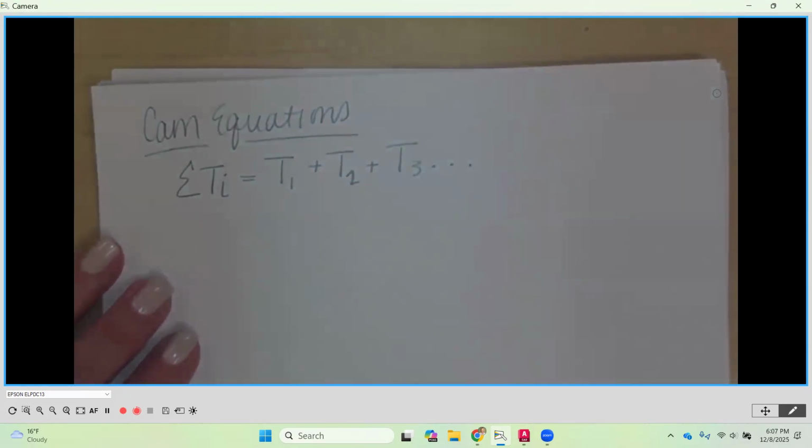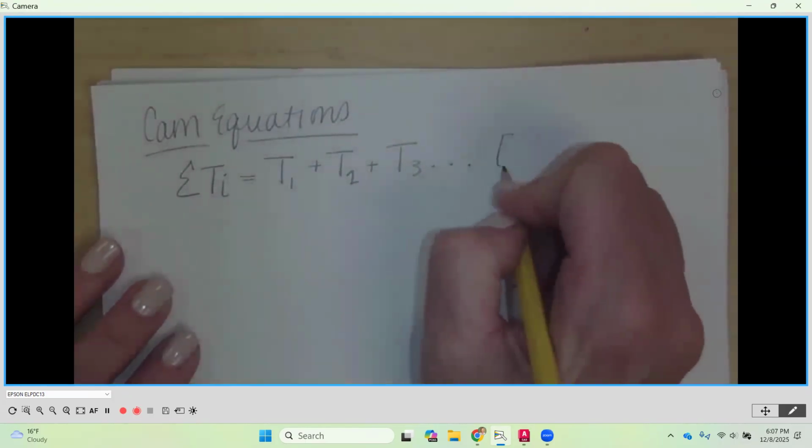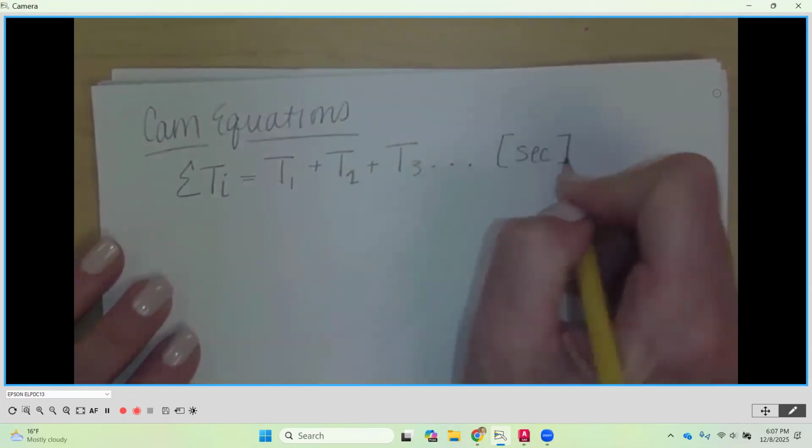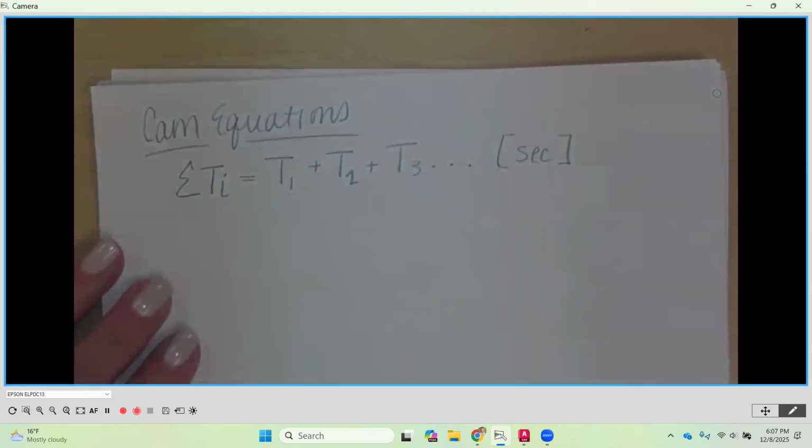So it's going to be time 1, time 2, time 3, okay? And all of these are going to be in seconds. So the units of time are going to be seconds because again, it's one revolution. You wouldn't really do it in minutes, okay?